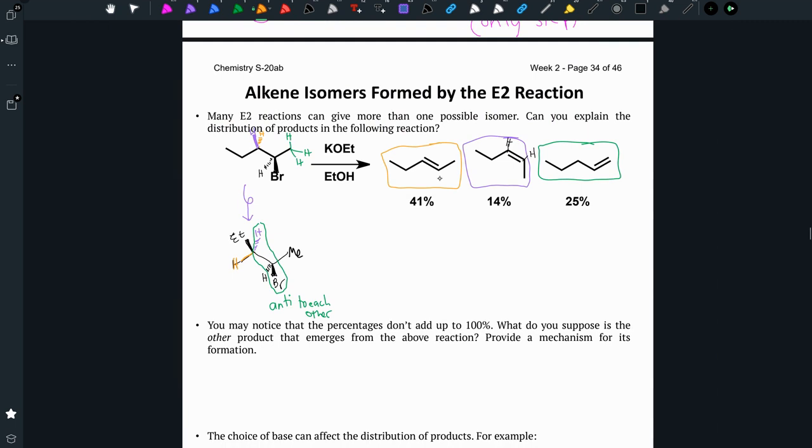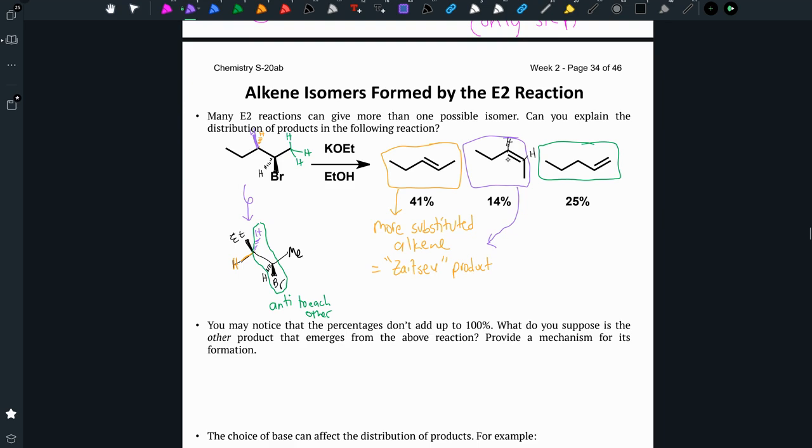This product that makes the alkene with more substituents, what we call the more substituted alkene, is called the Zaitsev product. The purple one is also called the Zaitsev product because it does make a more substituted alkene.